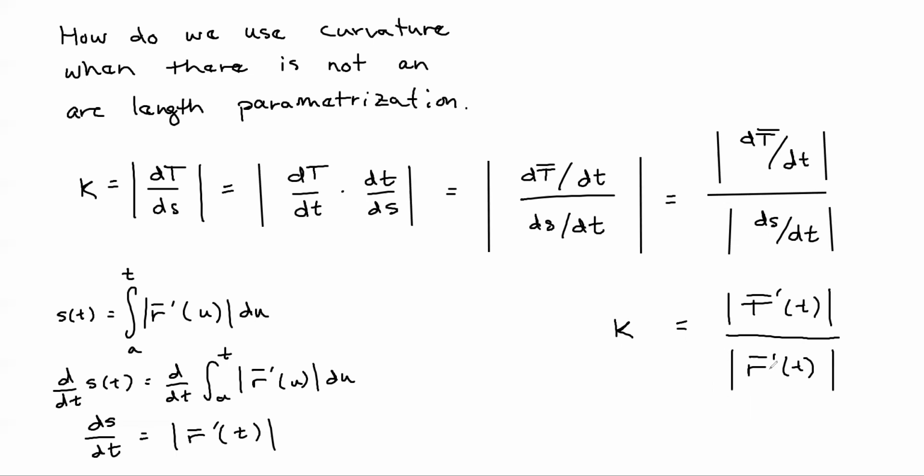All right, so let's do an example to calculate curvature. We have r of t equals, and we're going to use the same example from earlier, 2 cosine t, t, 2 sine t.